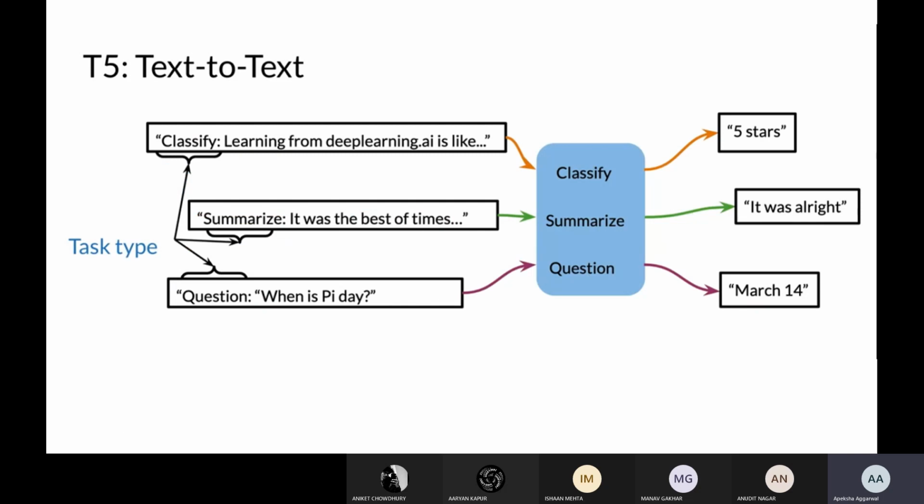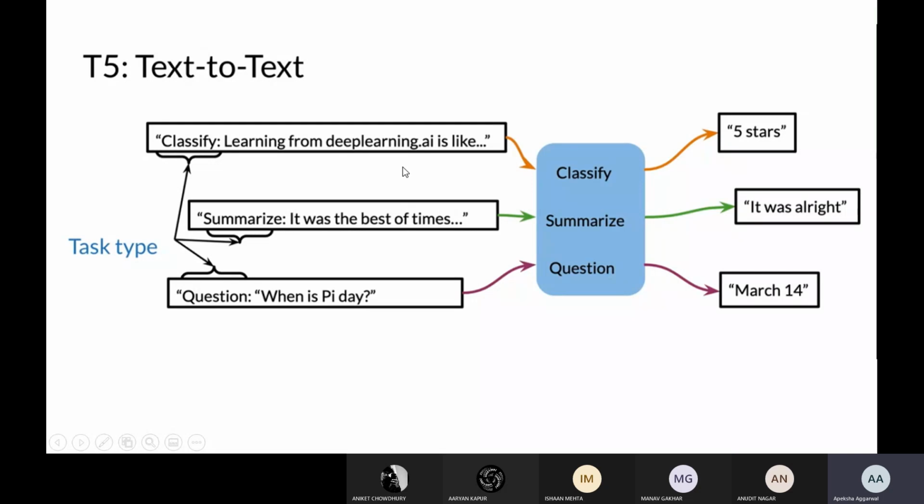What it does is it is able to do multiple tasks at once. For example, it can classify, it can summarize, and it can do question answering at once. Suppose you have trained your model, and what T5 will do is, you will give a label like classify. So I want to classify this sentence from whatever you have trained, so it will say okay, this belongs to this class.